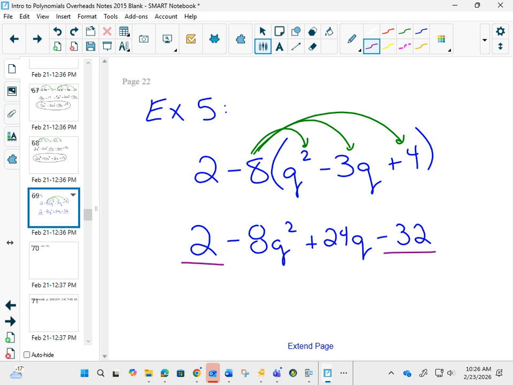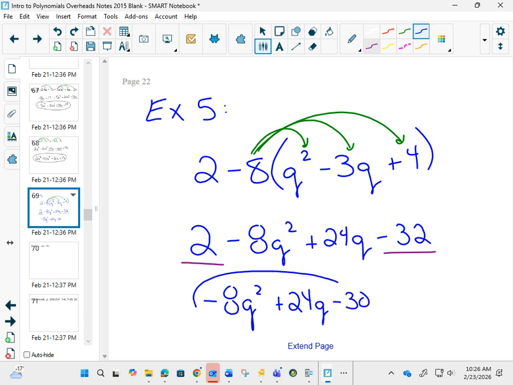And 2 minus 32 is going to be negative 30. I'll write it in order: minus 8q squared first, plus the 24q, and then 2 minus 32 will give me negative 30. This I'll circle as the final answer.